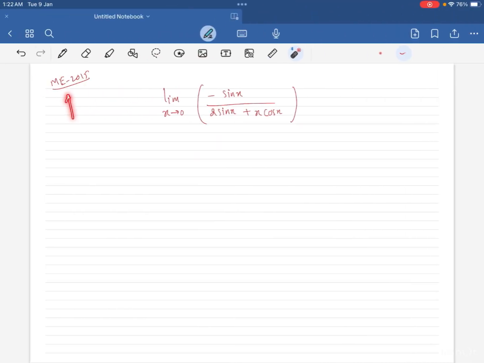So this question is from ME 2015. Now if we put x is equal to 0, then it is going to be 0 by 0 form, right? That means we can apply the L'Hopital rule.